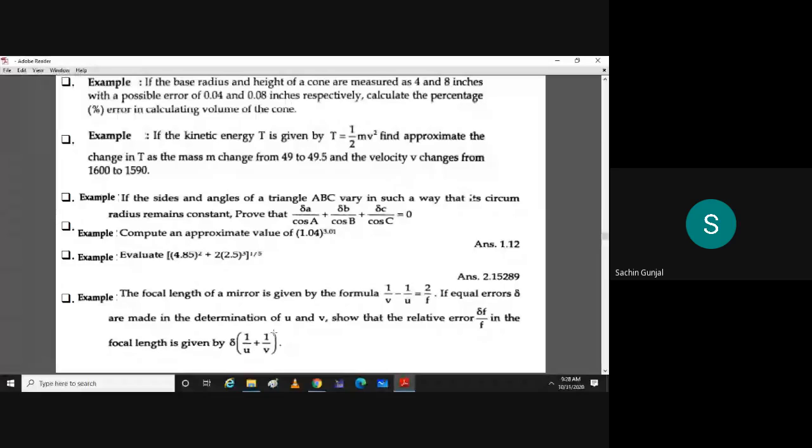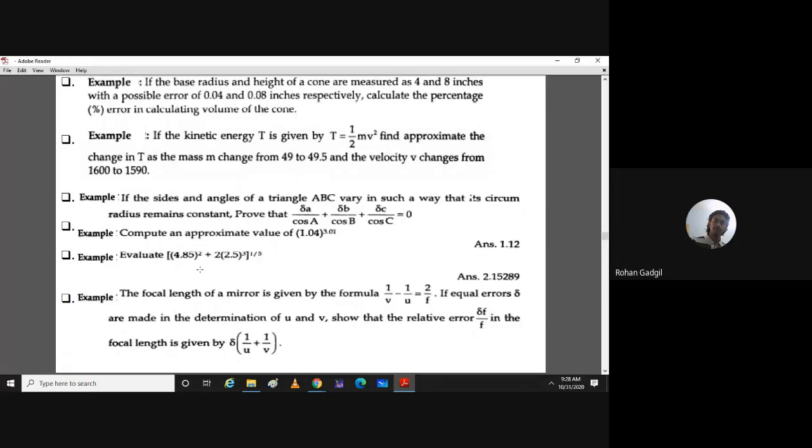Then this second last example, tell me your function. Evaluate 4.85 square plus 2 into 2.5 cube raised to 1 by 5. What is f of x, y in this case?